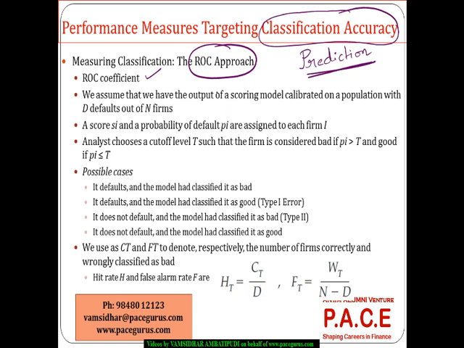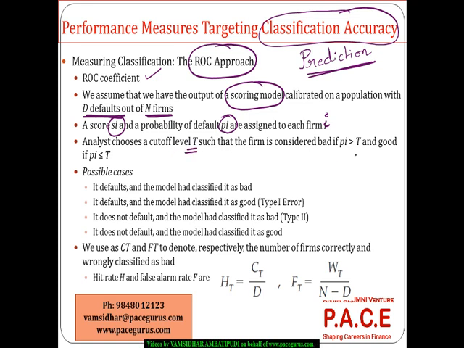We are talking about a scoring model that we have built with n firms, out of which d of them have defaulted. We have a score S_i, and the probability of default is P_i for each firm i. We have chosen a cutoff level t.